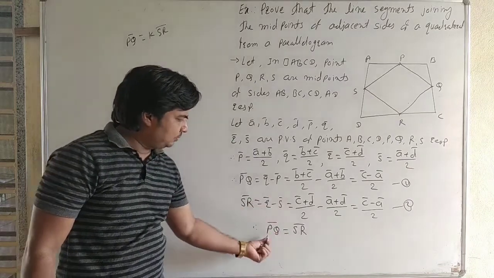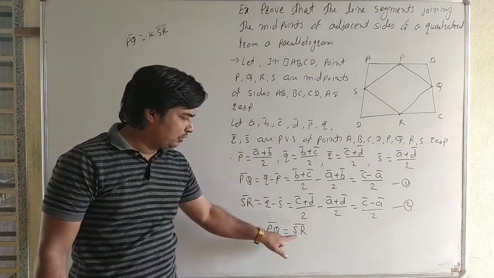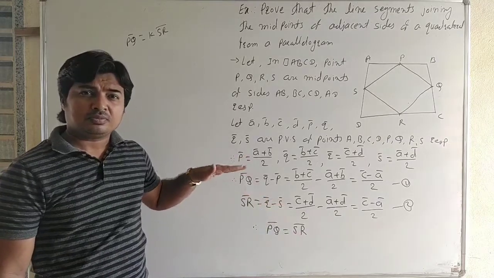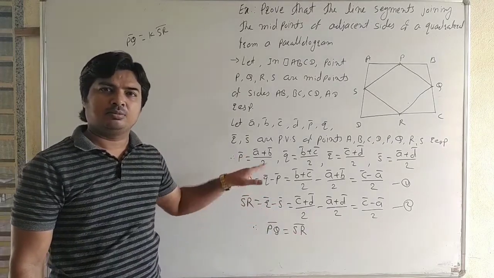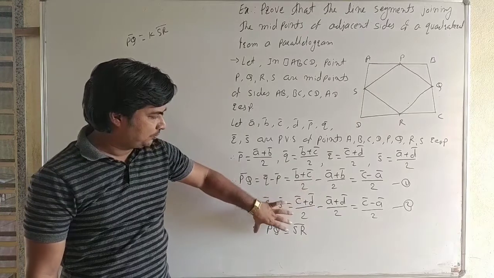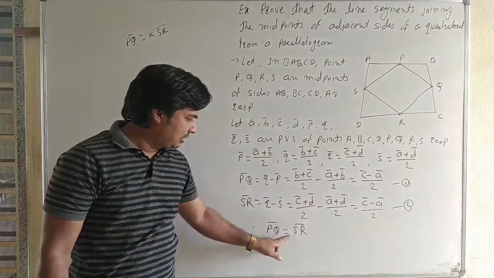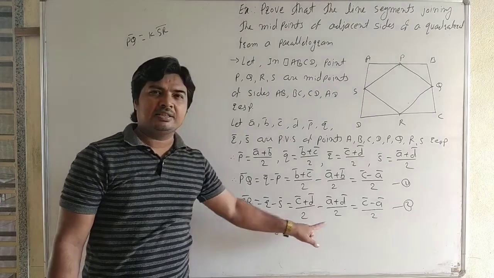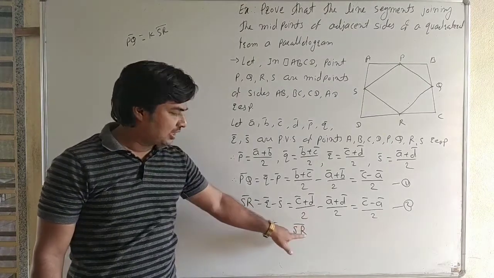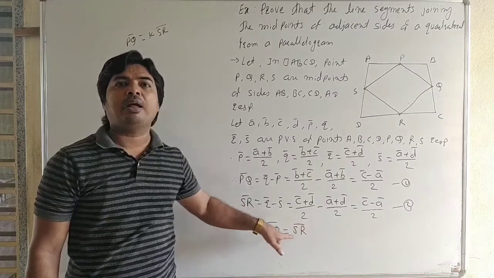Or by another definition, if two vectors are equal, that means their magnitude and direction are both the same. Magnitude same means length same, and direction same, so equal vectors are parallel vectors.